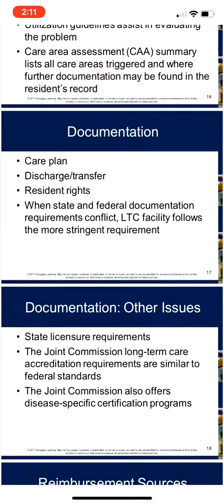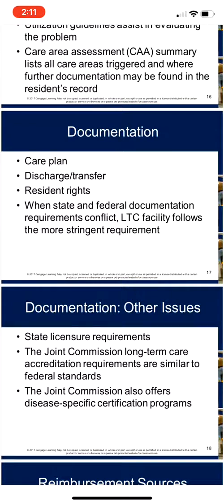Ideally, documentation would reflect that the staff had advised the resident on adverse complications associated with dietary noncompliance. If the resident knowingly chooses to continue a behavior that has potentially negative consequences, documentation should reflect ongoing attempts to educate and reverse the behavior, as well as the ongoing assessment of the resident's ability to understand and participate in the decision-making process.